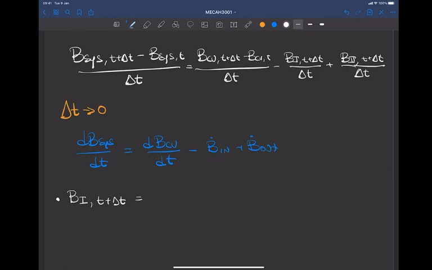And so this B, capital B, can be expressed as the small b1, because the property passed through section 1, times the mass in region 1 at time t plus delta t. But what is this mass? Then the mass is simply the product of the density times the volume. And again, the density is the density of the fluid that went through section 1. Okay, so it's rho 1 times the volume in region 1 at time t plus delta t.